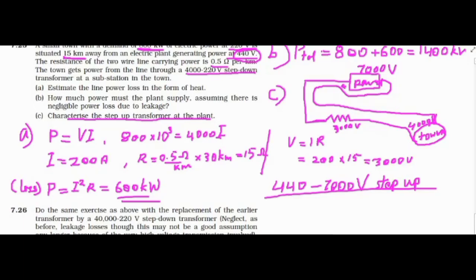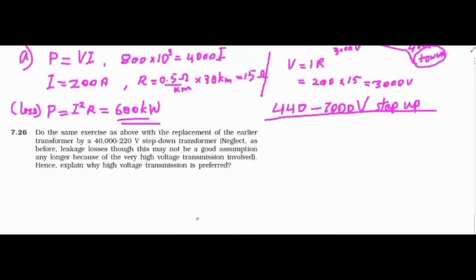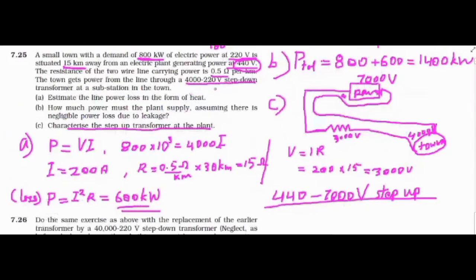Now come to question 26. Question 26 is the same as question 25. The only difference is that here we have a 4220 step-down transformer in the town.